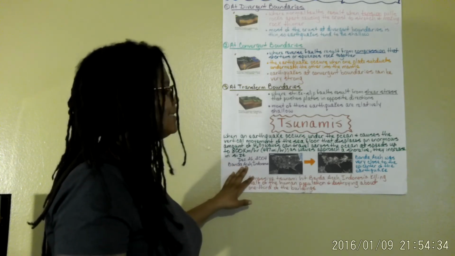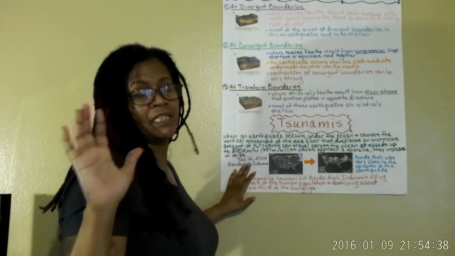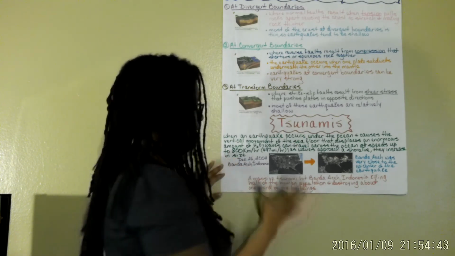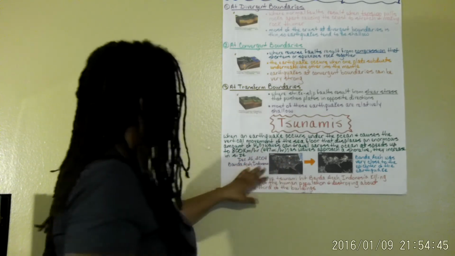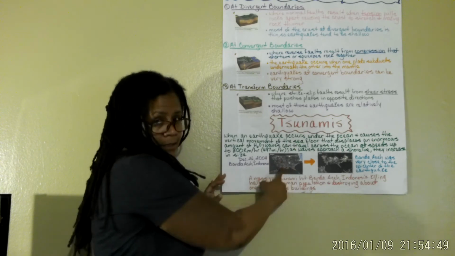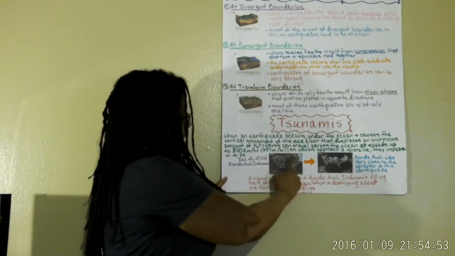Banda Aceh. Please forgive me, anyone, if you know the correct pronunciation. I don't. I'm sorry for that. But in 2004, here was this city, okay, this big, before the tsunami hit.